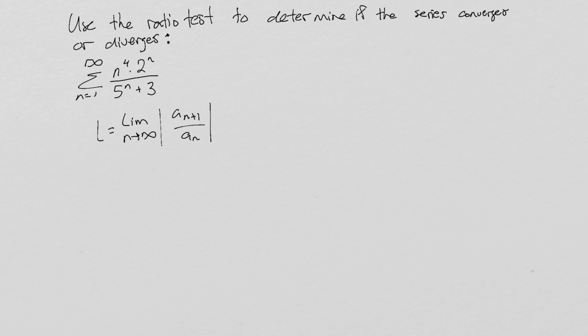So what I'm going to do now is figure out what a sub n is, and then also figure out what a sub n plus 1 is. Here's a sub n. I need to take all these pieces right here. So I just pretty much copy that for my a sub n. That gives me n to the fourth times 2 to the n all over 5 to the n plus my 3.